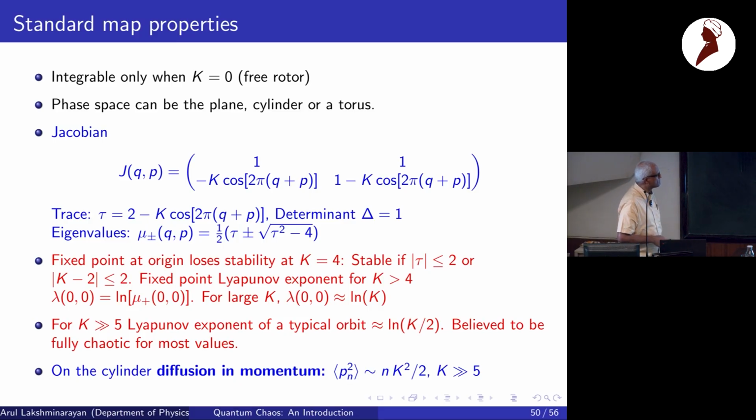And the Lyapunov exponent of these orbits is now calculated as log of k by 2. So you can see the slight difference between the Lyapunov exponent of the full system and the Lyapunov exponent of a single periodic orbit. But in any case, for large values of k, the standard map is considered to be chaotic with this Lyapunov exponent.